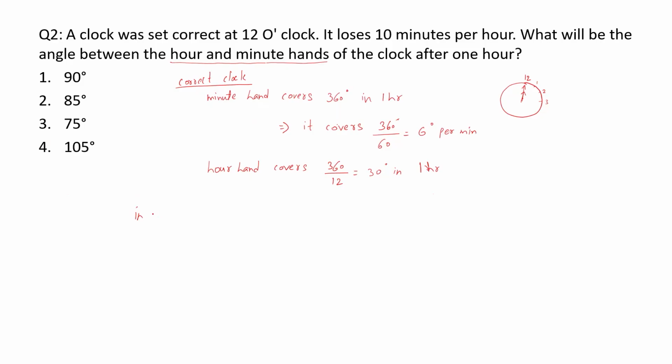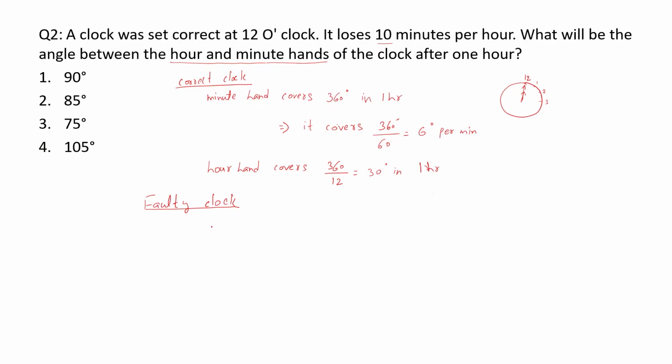What about the faulty clock, the clock which we are dealing with? So what is the fault here? The faulty clock in 1 hour will only cover 50 minutes, isn't it? Because it loses 10 minutes.